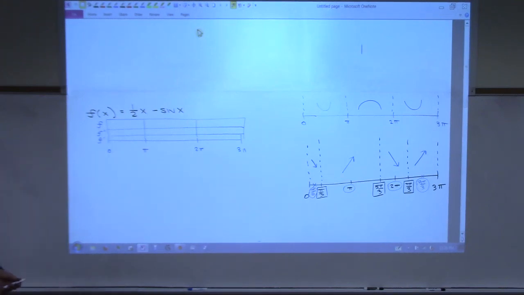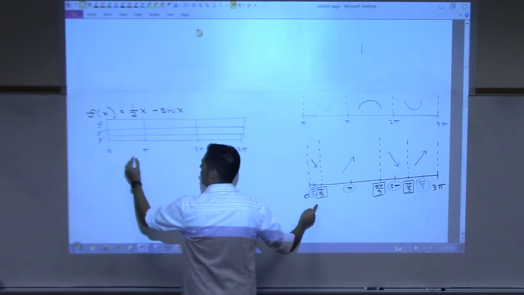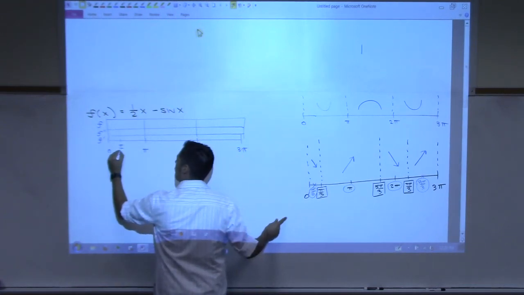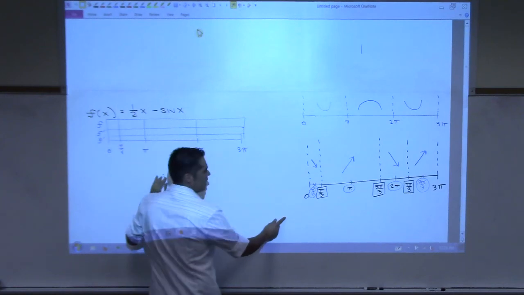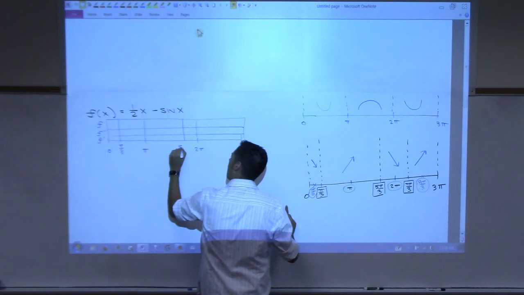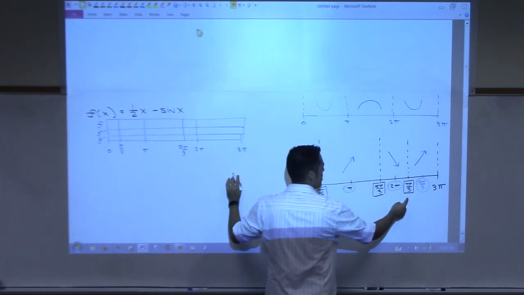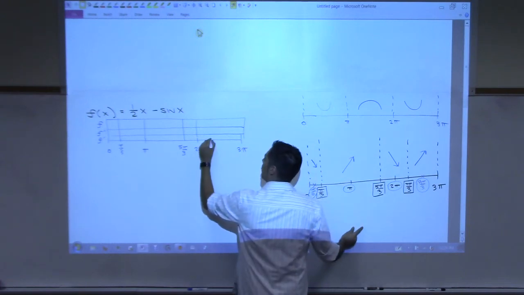I need to label all the critical numbers on here. So pi over 3, I need that in here. I was missing that one. And 5 pi over 3, which was right here. And then 7 pi over 3, which was right here.